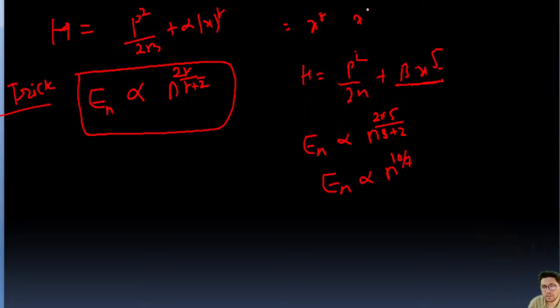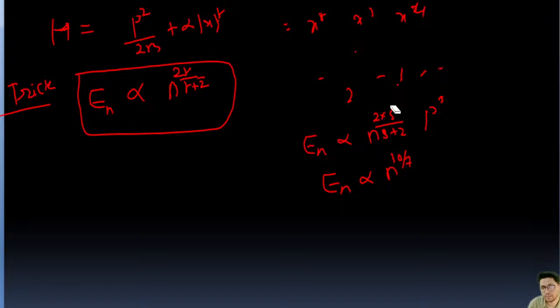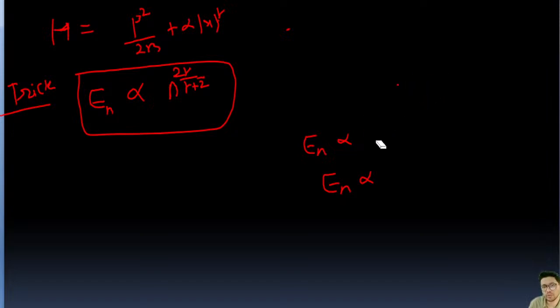If it is of this form, x to the power m, where m is any positive constant, then the energy E_n is going to be proportional to n to the power 2m upon m plus 2, okay.